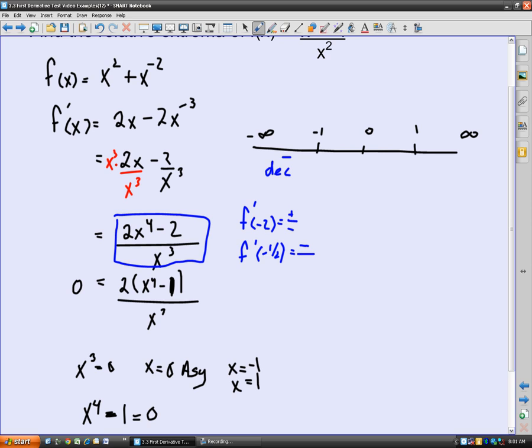And if I pick a number like a half between 0 and 1, and plug in a half, the top is a negative number, and on the bottom it's positive. So now I'm decreasing.